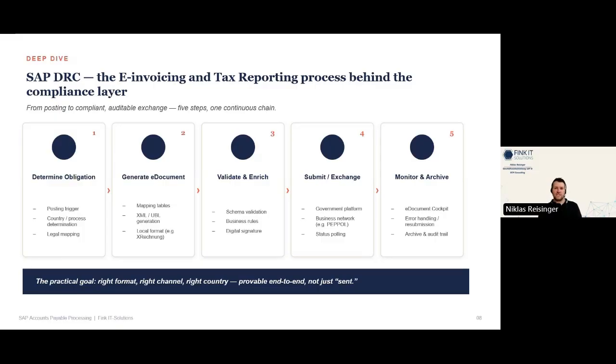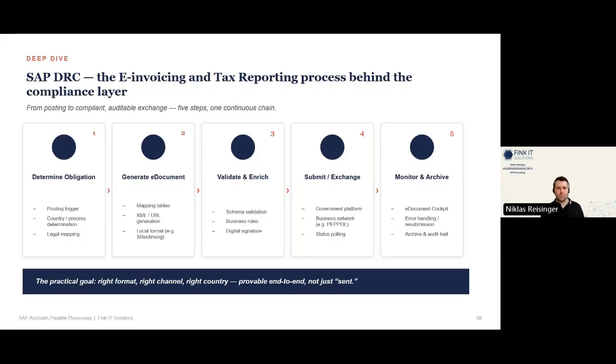You have that e-document cockpit where you can monitor all the incoming and outgoing e-invoices, and you need to archive your outgoing and incoming invoices, since they are the leading document and they need to be archived for compliance reasons.